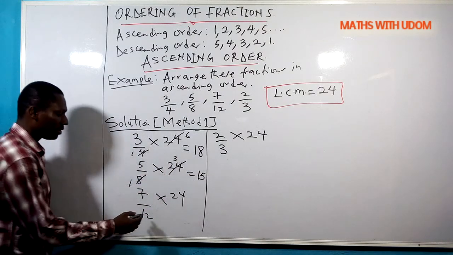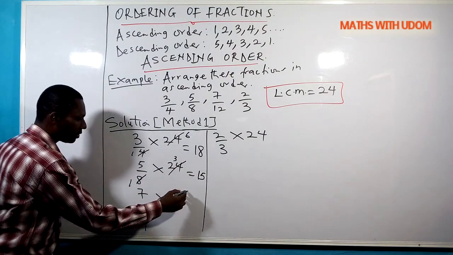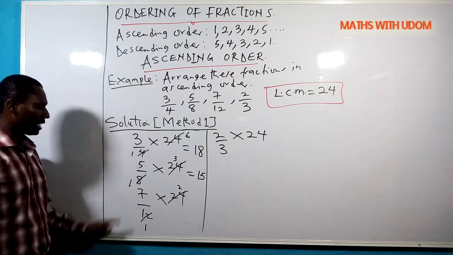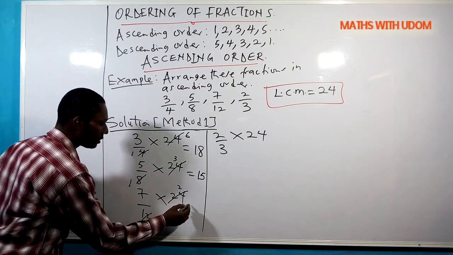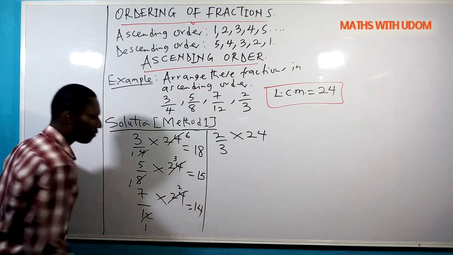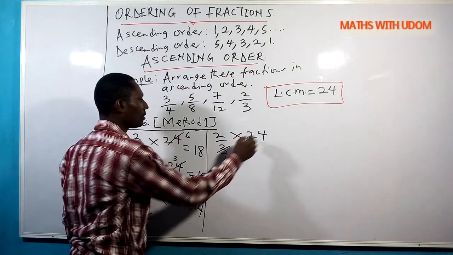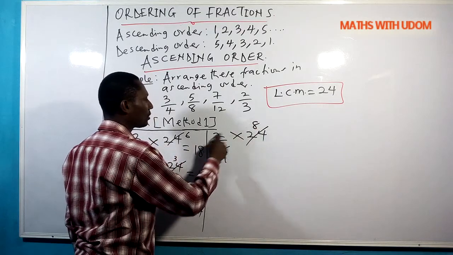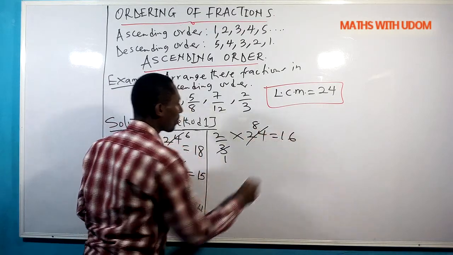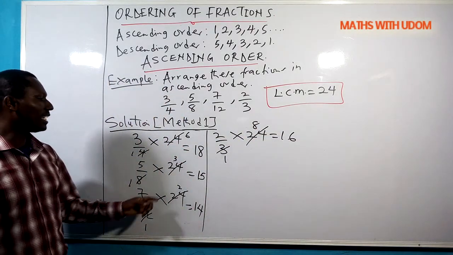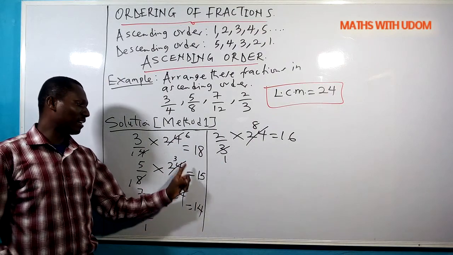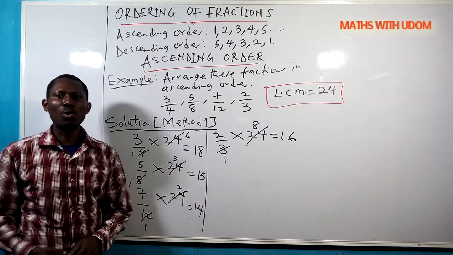And the next one, 12 here, 1. 12 here, 2. Then 7 times 2 will give us what? Will give us 14. Is that clear? Then the next one, 3 here, 1. 3 in 24, 8. 2 times 8 will give us what? 16. So we have succeeded in getting all the values as whole numbers.